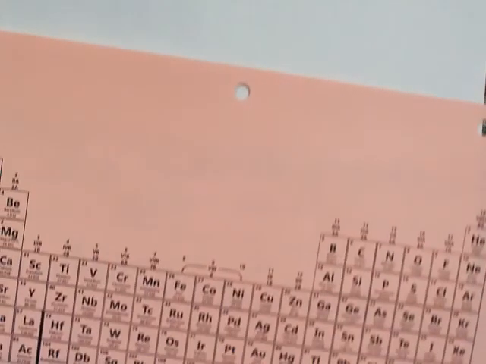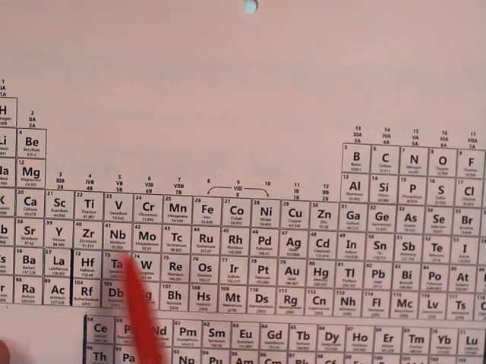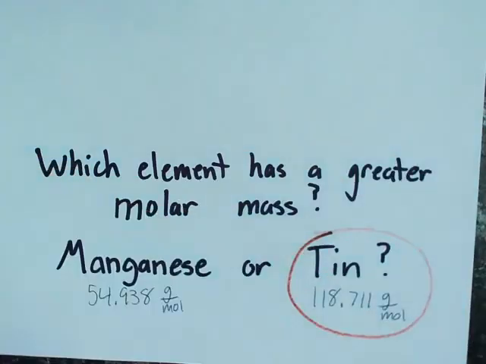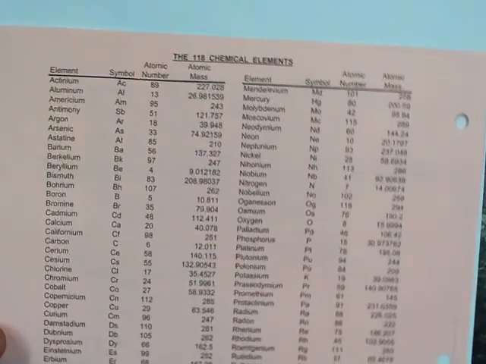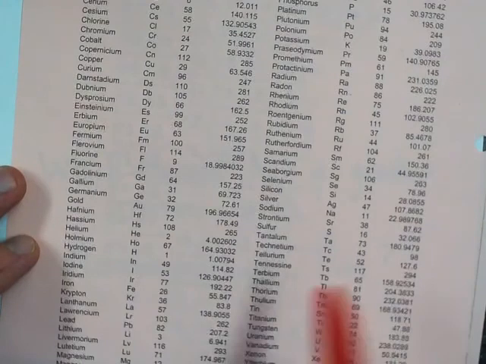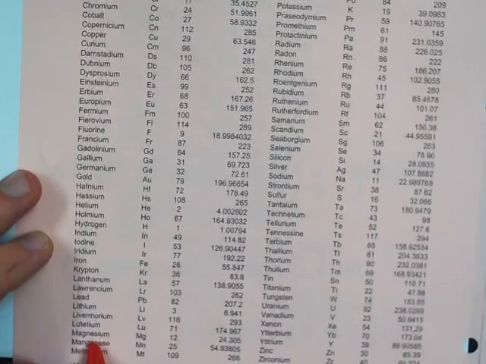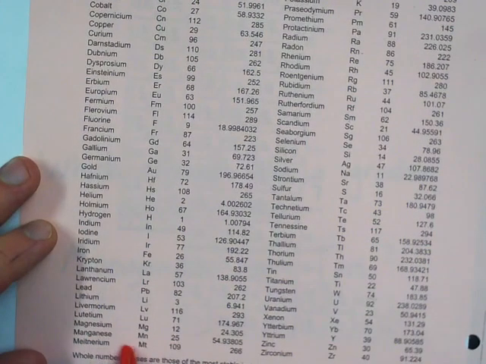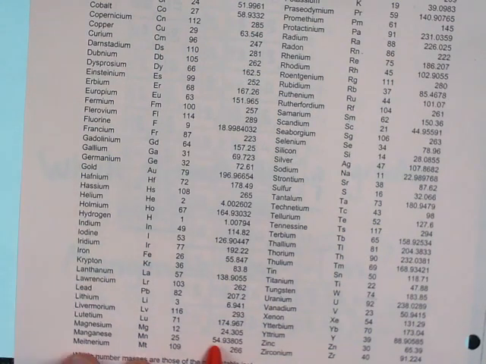Remember, these numbers are read right from the periodic table. They will be on every periodic table that you get. If you have trouble finding where an atom is, you can check the back. It's got them all listed out in alphabetical order. We see manganese, Mn is the atomic symbol we're looking for, and it also has the atomic mass listed right here.